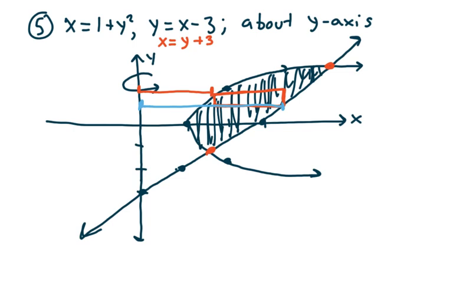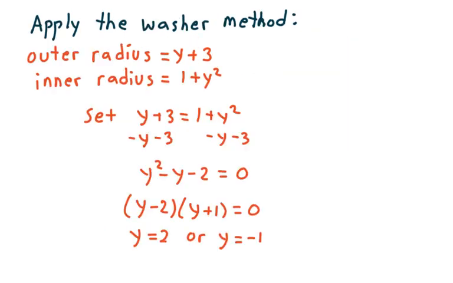Now we're ready to set up our integral. So we got a volume. It's going to be pi times the integral from negative 1 up to 2.